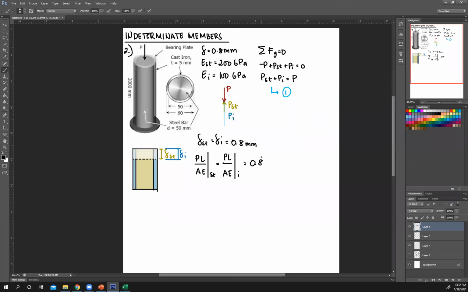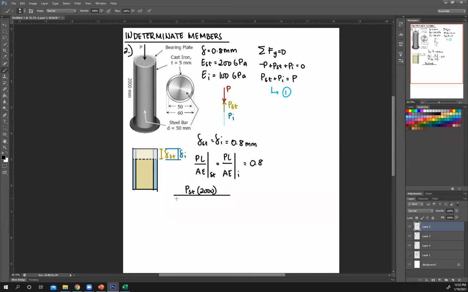Okay. So next, this is P of steel. Length of steel is given, 2000 millimeters. Area of steel is also given, or you can compute for it. This is your steel cross section. So it's a circle, so just pi over 4 d squared, and the diameter of your steel is 50.